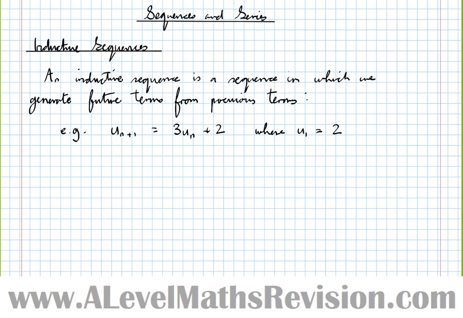So we've got that u1 is 2. So what this says is the next term equals 3 times the previous term, 3 lots of un. Because we can see this is term n plus 1, this is term n, so this is one term before that one. 3 times the previous term plus 2.